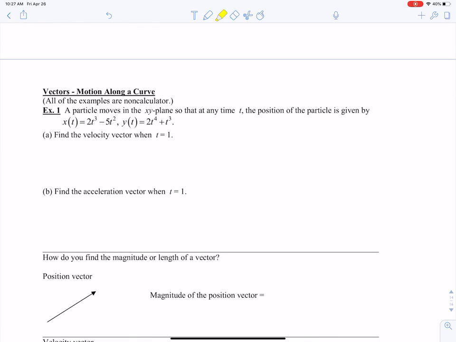Example number 1, I have x of t and y of t, so I have the position, and the first thing it asks me to do is find the velocity vector. Well, we know that velocity is x prime of t and y prime of t. If I take the derivative of my x, I get 6t squared minus 10t. And if I take the derivative of the y component, I get 8t cubed plus 3t squared.